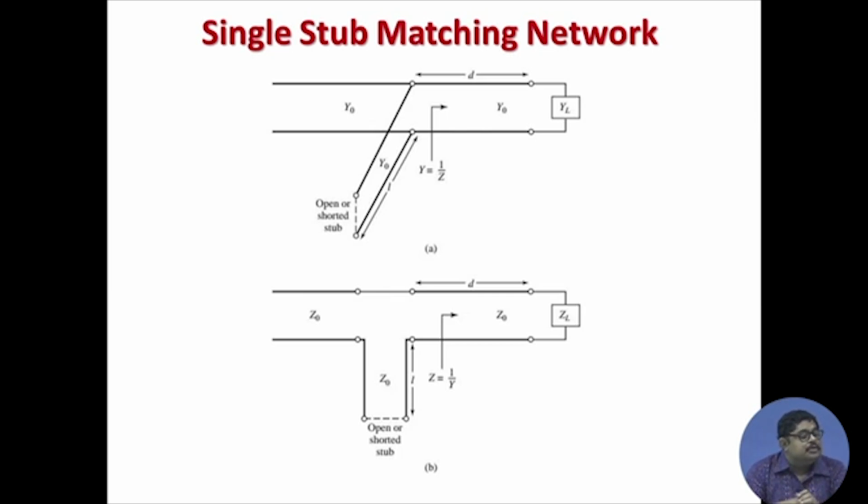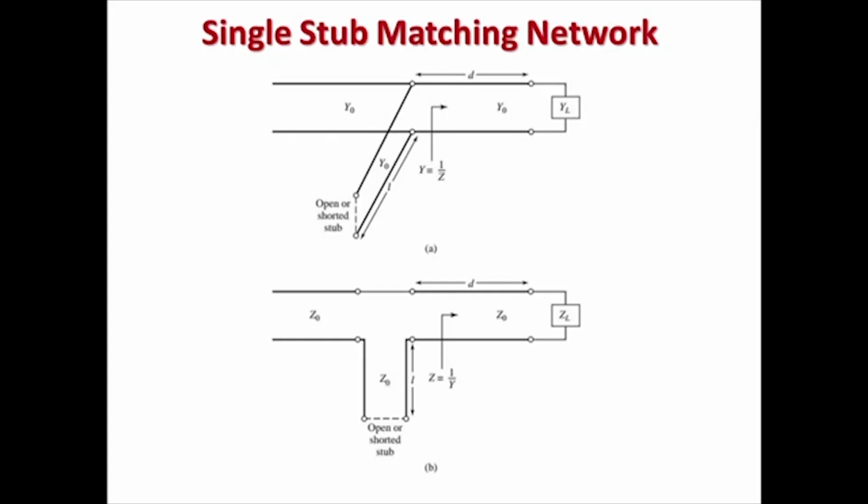Whereas, in case of the series stub, generally we do the analysis in the impedance plane. The load is considered as Z L, and then after traversing a distance d in the transmission line, it becomes a new impedance Z. Then with the series stub you change that Z to Z naught, so that from the transmission line on the left or source side you see Z naught.